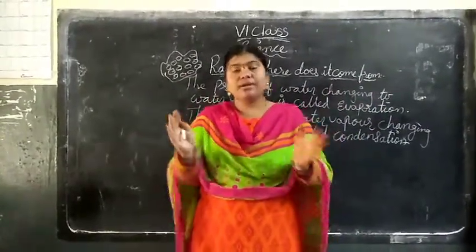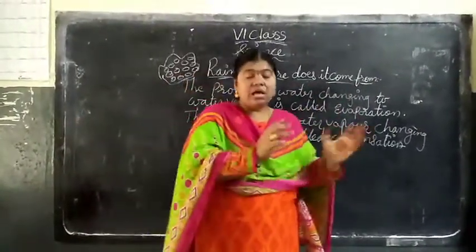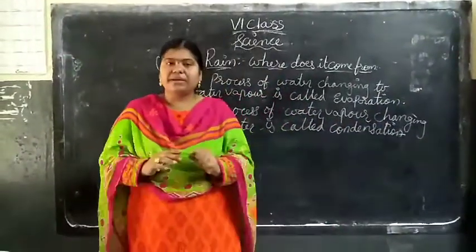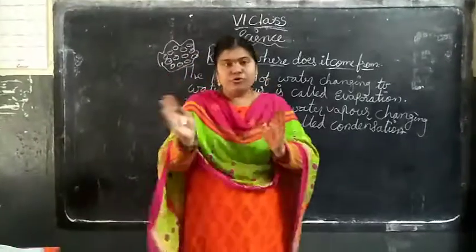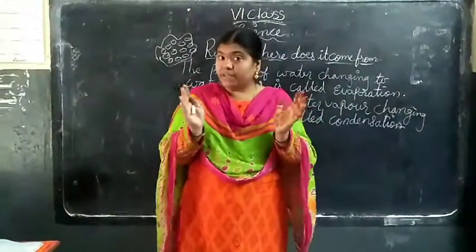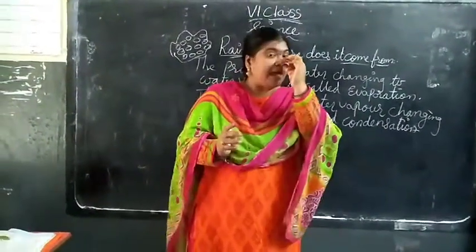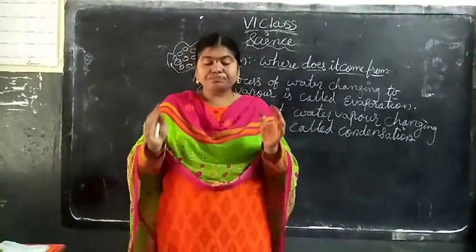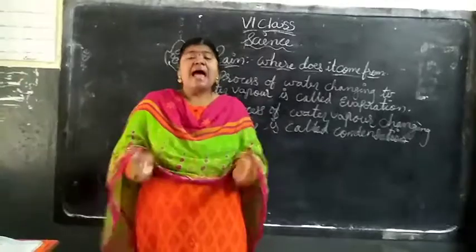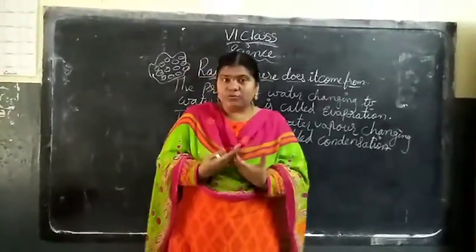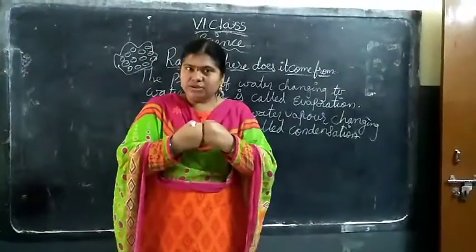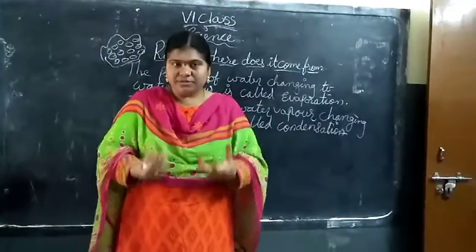The clouds move from one place to another, but you cannot find that it will rain in all places. Only in a few places where the clouds are very dark grey in color, and the water molecules in that cloud become large, the cloud cannot bear that water. At that moment, two clouds collide with each other and it rains.